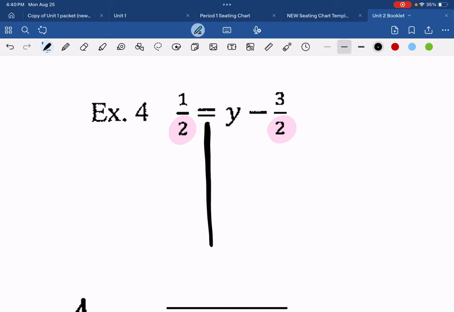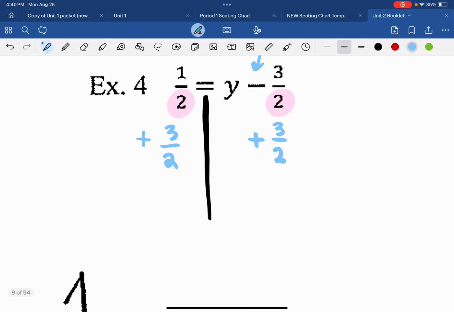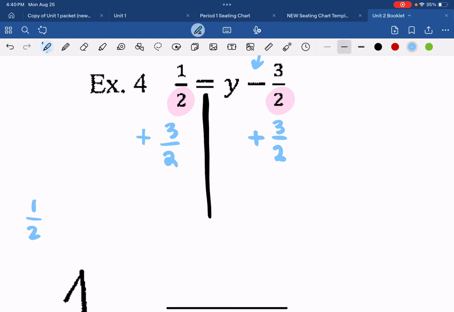Draw my mirror line. I look on this side. I notice that I see a minus. So I know the inverse is addition. Add 3 over 2 on this side. If it's difficult to add because it's going up and down, feel free to write it again over here. My brain works a little easier.